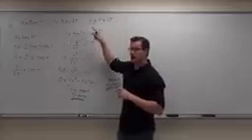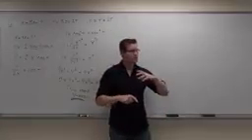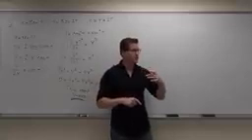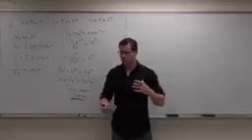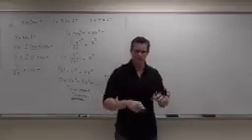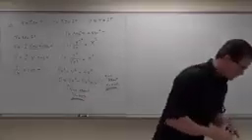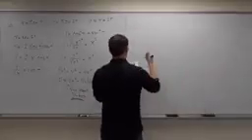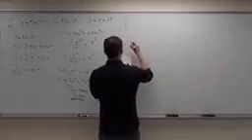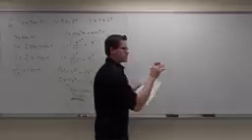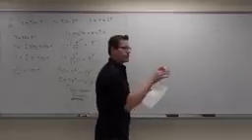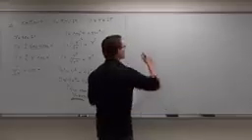So 0 to pi would give us the first 2 quadrants. 0 to pi over 2 would give us just the first quadrant. Does that make sense? So we're going to do a whole bunch of points, but they're all going to be in quadrant 1. So let's start here. We're going to find some points between 0 and pi over 2 and use symmetry to give us the rest of them.